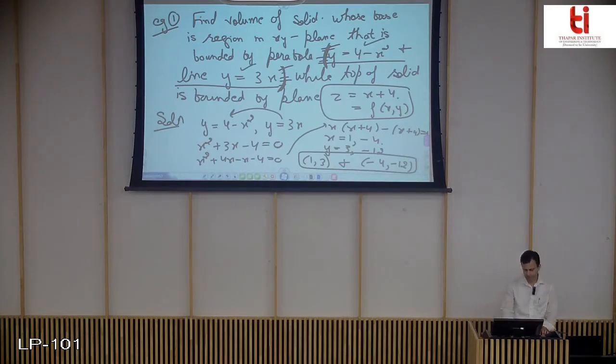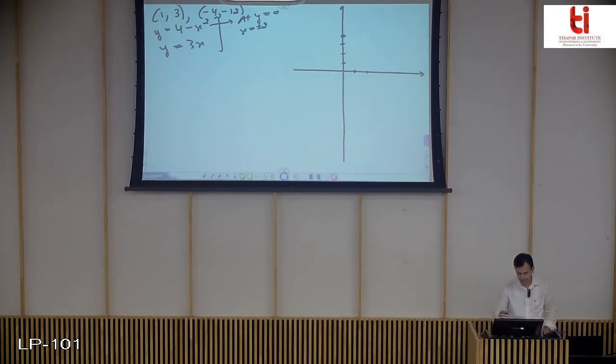Now with the help of these points, minus 4, minus 12, these are the points of intersection. The parabola is y equals 4 minus x squared and the line is y equals 3x. Clearly at y equals 0, you have x equals plus or minus 2, and at x equals 0, y equals 4.